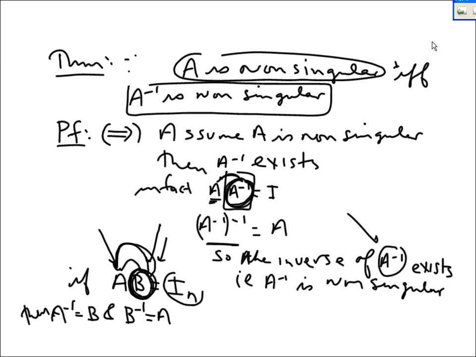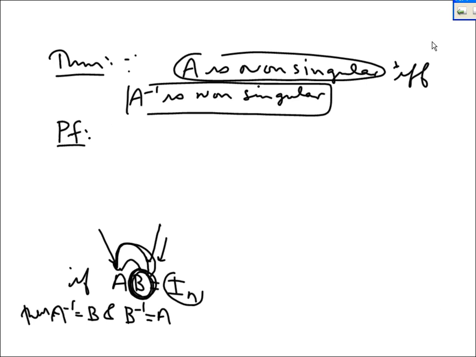Okay, let me erase this, and then we'll go the other way. Sorry for being a bit sloppy on the proof. I knew it was good. I knew the proof was going to come from those two facts on the bottom. I just didn't know which of the two I was going to use.